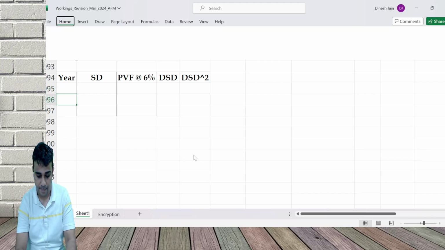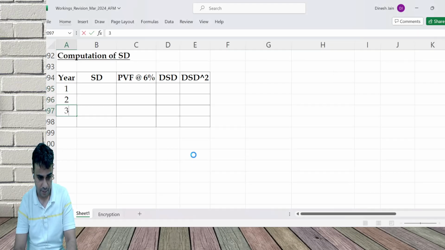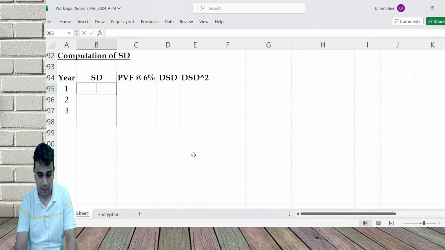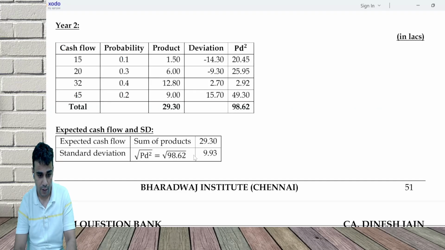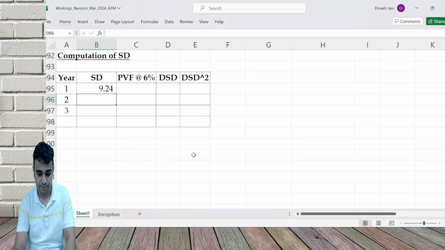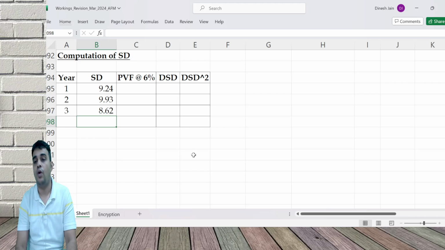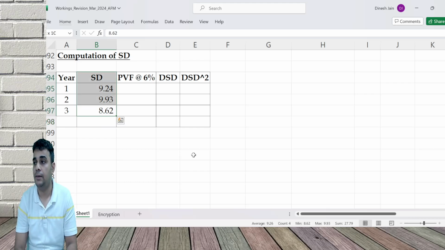3 years. First year was the standard deviation we had, 9.24. Second year was 9.93. Third year is 8.62. The standard deviation is the sum of the three, but with discounting.